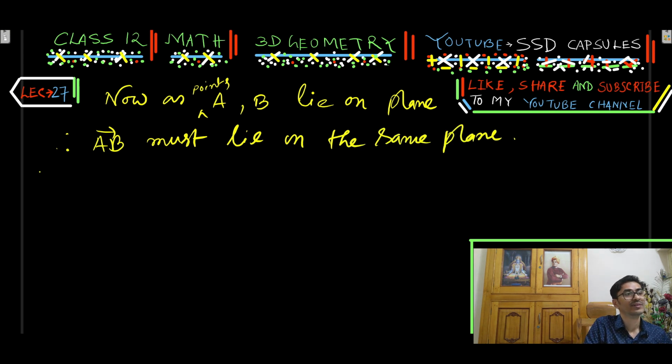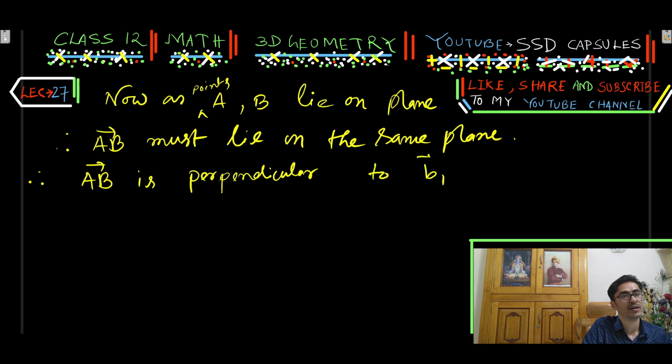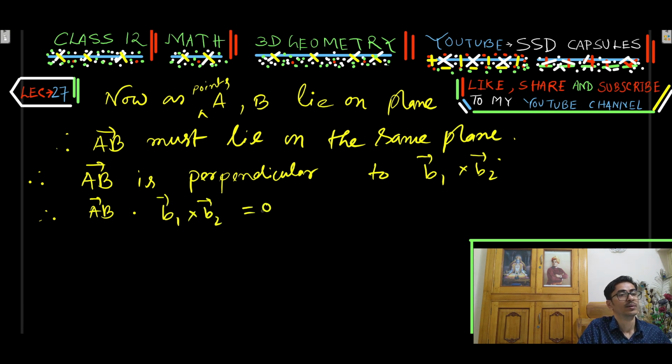So therefore AB vector is perpendicular to B1 vector cross B2 vector. So by the property of dot product, AB vector dot B1 vector cross B2 vector equals 0. But AB vector is what?